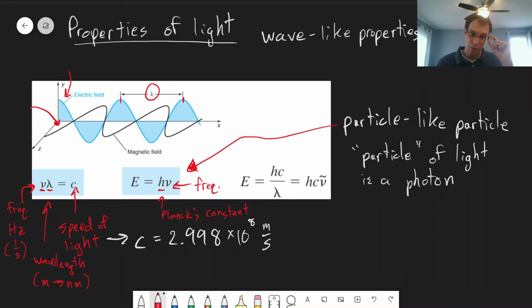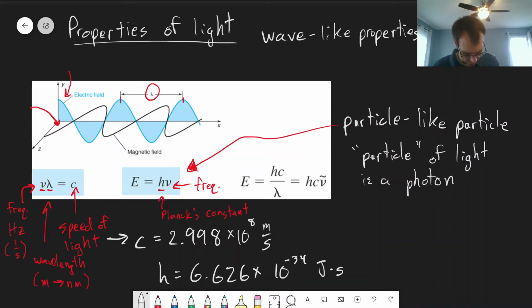So light comes in little packets of energy, and you can't have any less energy than that. And the amount of energy in each packet is given by this equation, E equals h nu. h is Planck's constant, which is equal to 6.626 times 10 to the minus 34. So it's a very small number, joules times seconds.